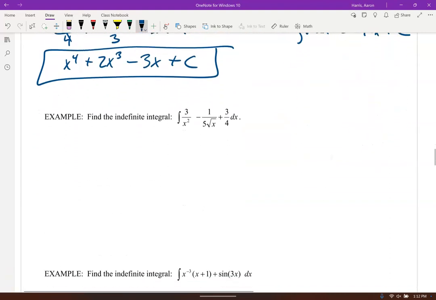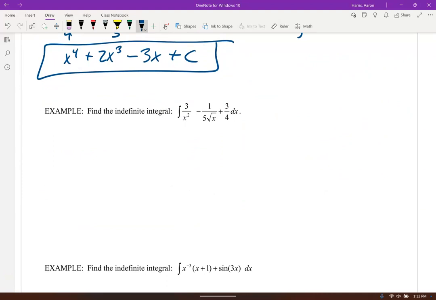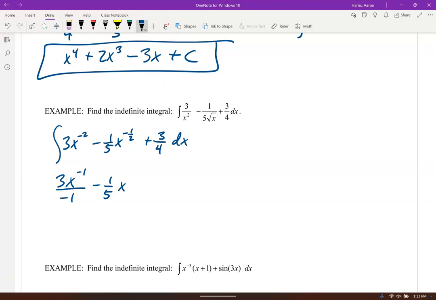All right, this next one I'm going to go ahead and put into exponential notation. So I'm going to write it as 3x to the negative 2 minus 1/5 x to the negative 1/2 plus 3/4, all with respect to x. So 3 stays there. x to the negative 2 plus 1 is negative 1. Minus 1/5 stays there. Negative 1/2 plus 1 is positive 1/2, that's all over the 1/2, and then throw an x on, kx, right?